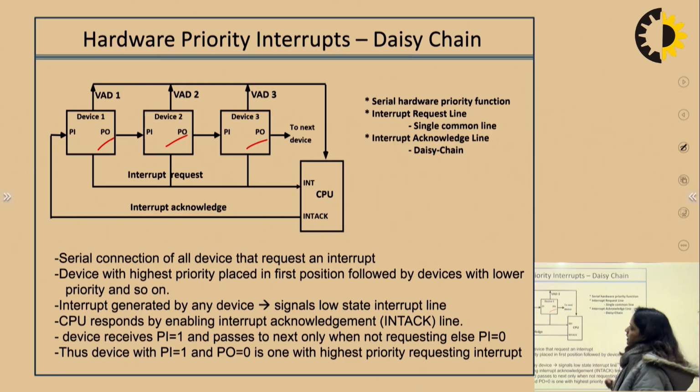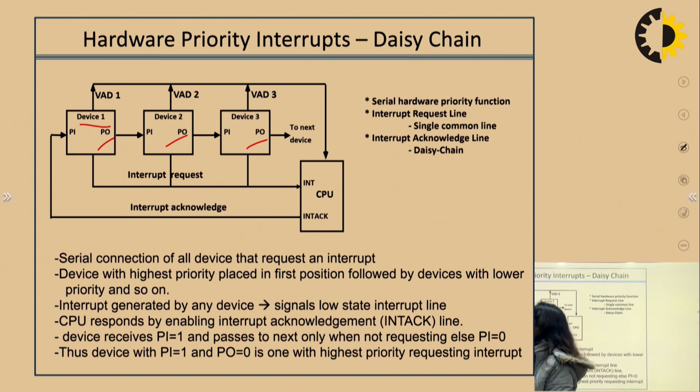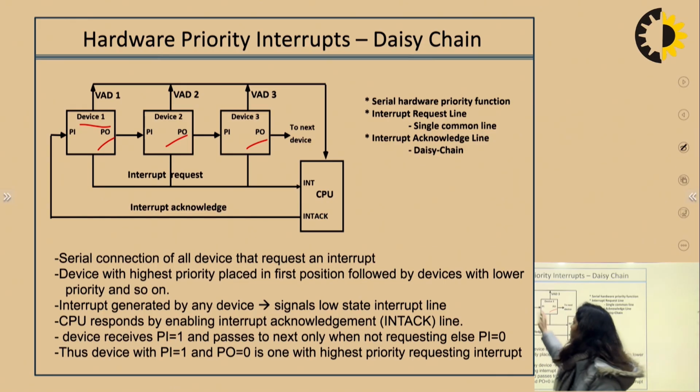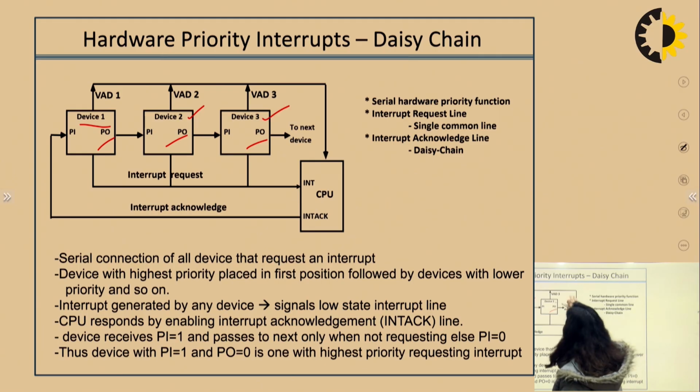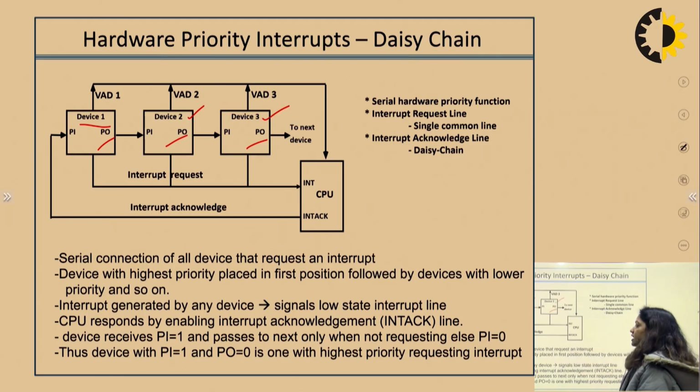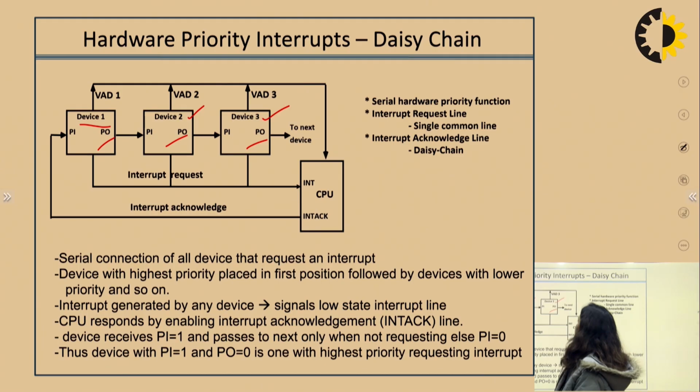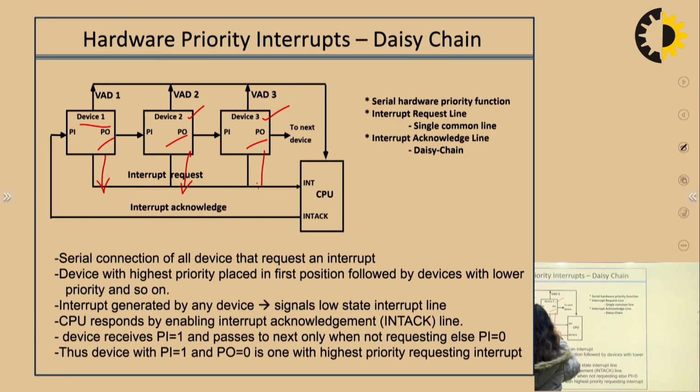In the polling technique, device number 1 has the highest priority in the sequence, and they are connected in a chain-like structure. The second device has the second priority, the third has the third, and so on up to n devices. Whenever an interrupt is requested by these devices connected in parallel, suppose device 1 is generating a request, device 2 is also requesting, device 3 is also requesting.